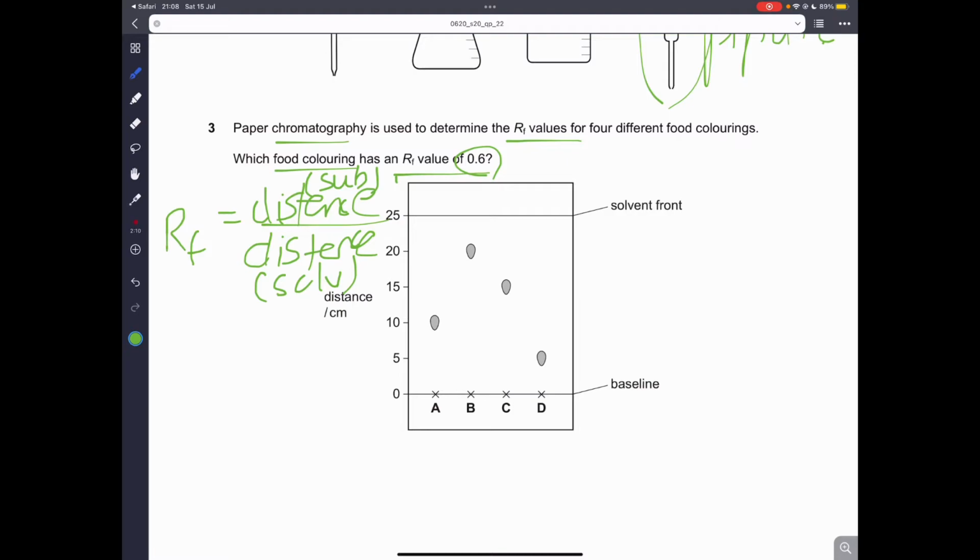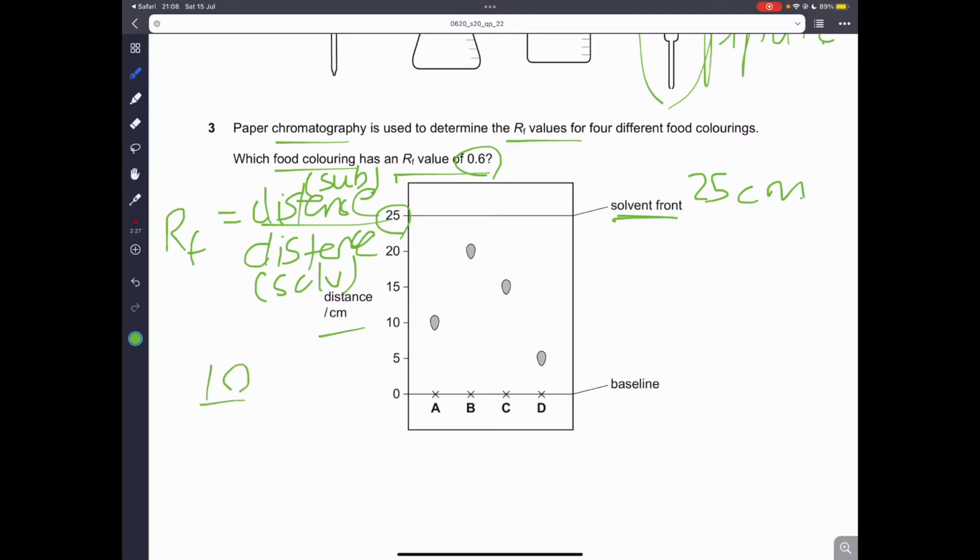So the distance moved by a solvent is 25 centimeters. And so we have to just divide each and every single one of them.